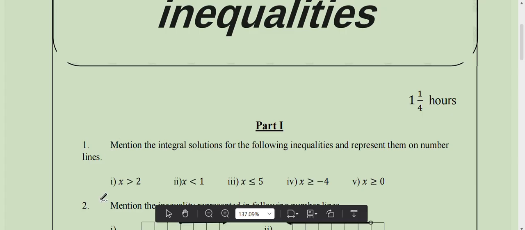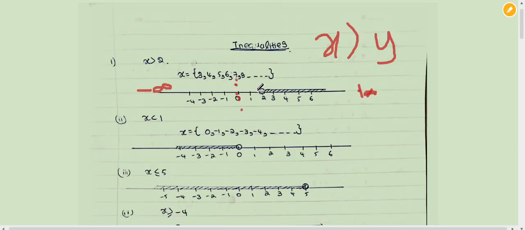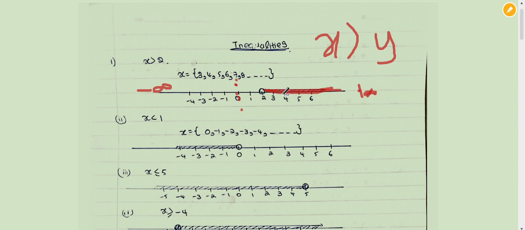So they asked to represent x is greater than 2. Firstly you should draw a circle on the 2. Okay, like that, and x is greater than 2 means this line represents x is greater than 2. So you should shade like this. So this is the answer for question number 1.